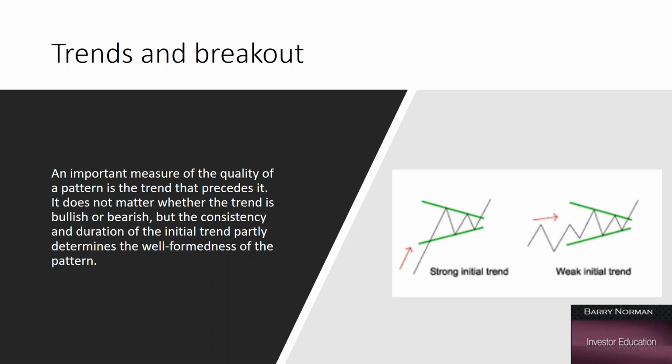So in other words, you're not just going to take this triangle or this wedge and drop it on a chart and say, oh, look at that, because they form all the time. You have to look at what is happening on the charts moving up to it. So you want to see that there is a firm either uptrend or downtrend, that it has been consistent in duration, and the initial trend partly determines the well-formedness of that triangle.